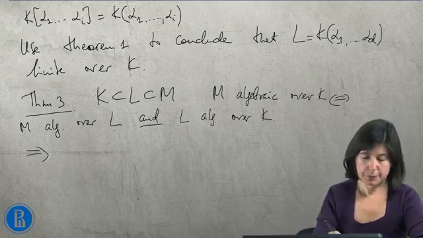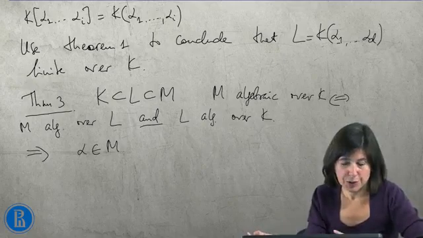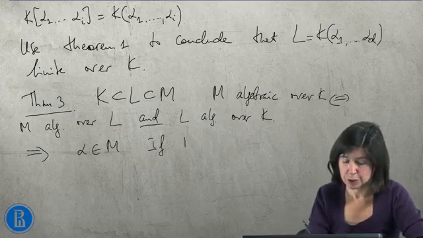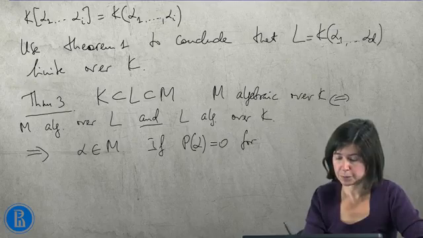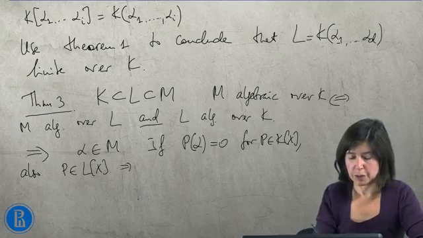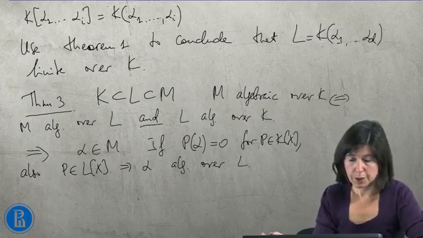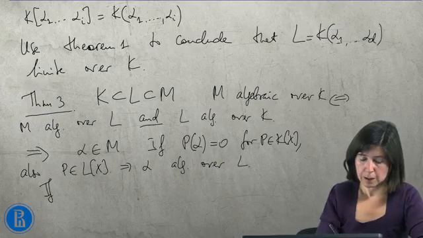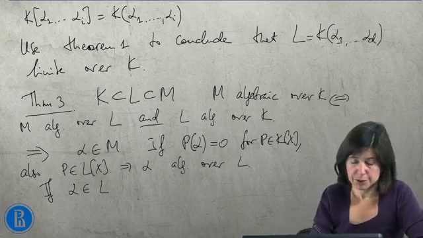So one direction, let alpha be in M. Of course, if it satisfies a polynomial relation with coefficients from K, if P of alpha is 0 for some P in K of X, then also this P is in L of X. So alpha is algebraic over L. And if now alpha is in L and we want to prove that it's algebraic over K, then it's even easier.